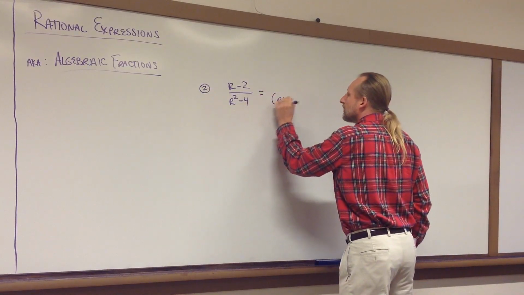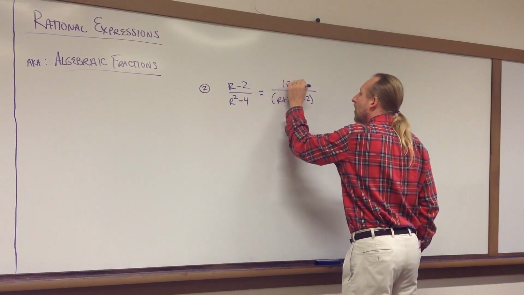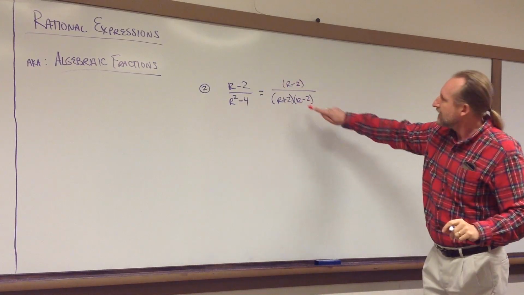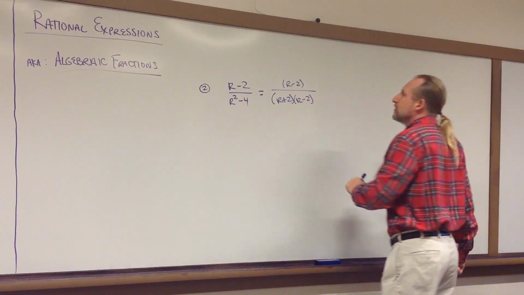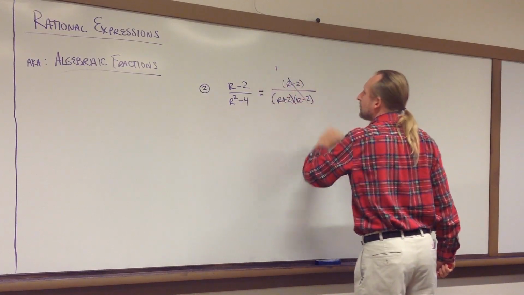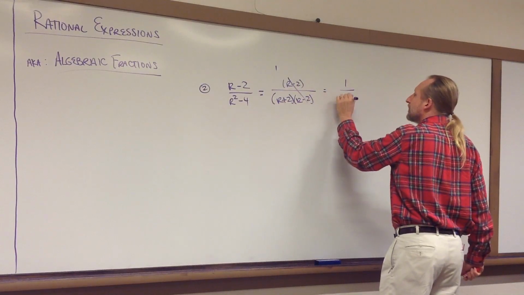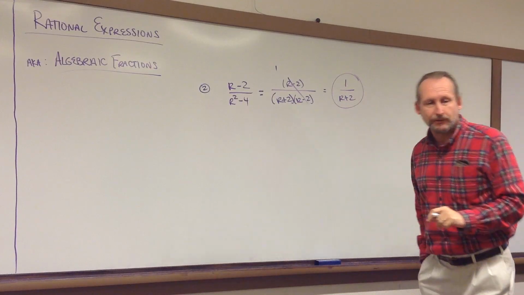It factors as r plus 2 times r minus 2. And then this r minus 2 on the bottom will cancel with the r minus 2 on the top. And then, just like when we have 1/2, we'll need a 1 up on top there. And so this will reduce to 1 over r plus 2.